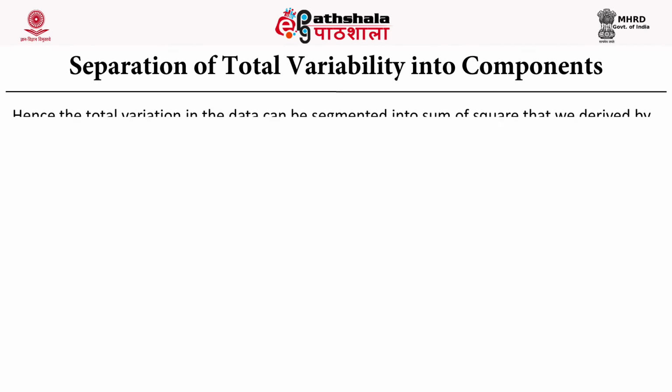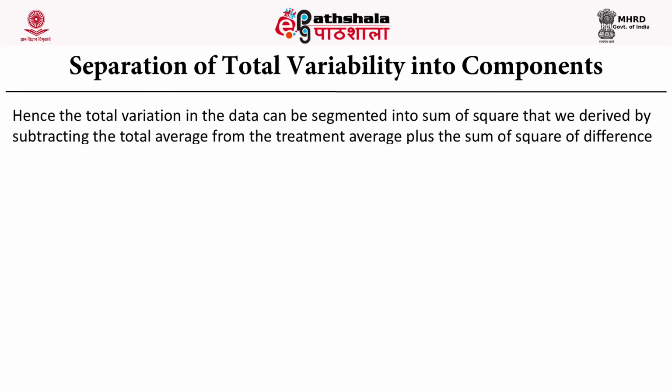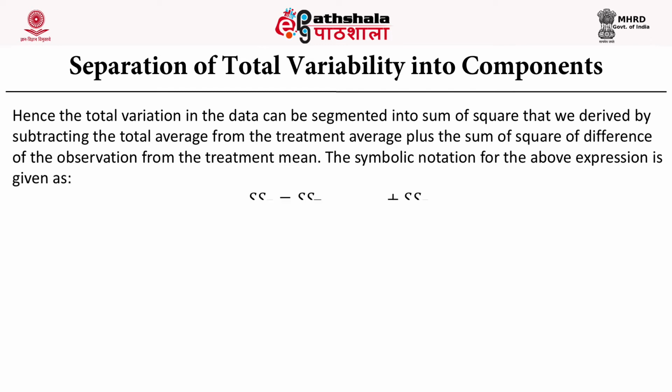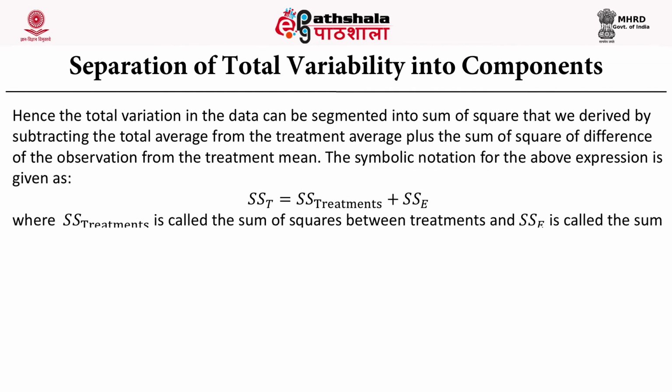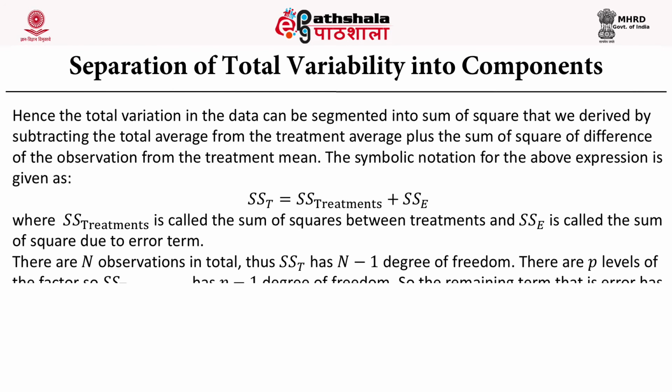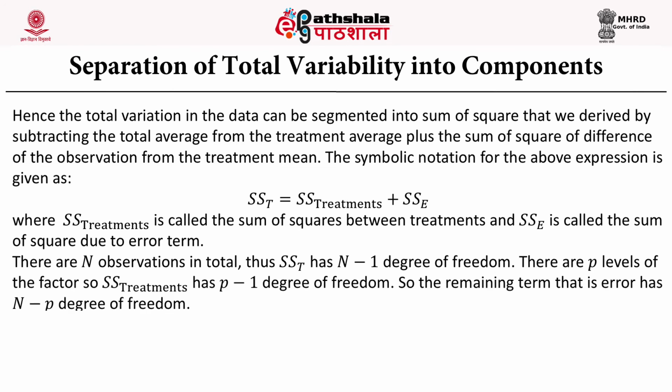Hence, the total variation in the data can be segmented into the sum of squares derived by subtracting the total average from the treatment averages, plus the sum of squares of the differences of the observations from the treatment mean. The symbolic notation is: sum of squares of total equals sum of squares of treatment plus sum of squares of error, where the sum of squares of treatment is called the sum of squares between treatments and the sum of squares of error is called the sum of squares due to the error term.